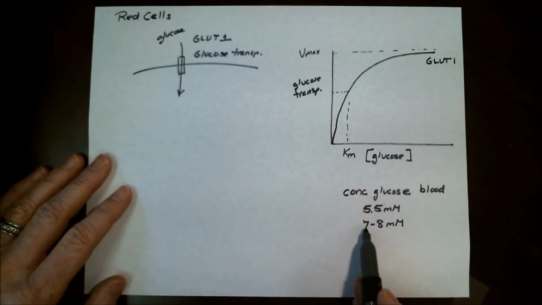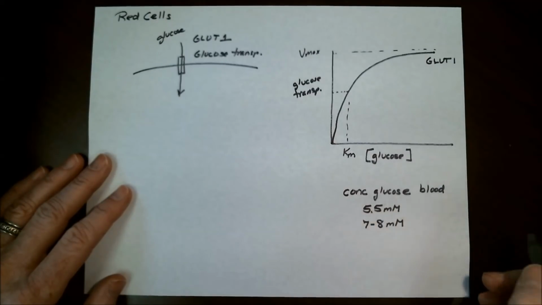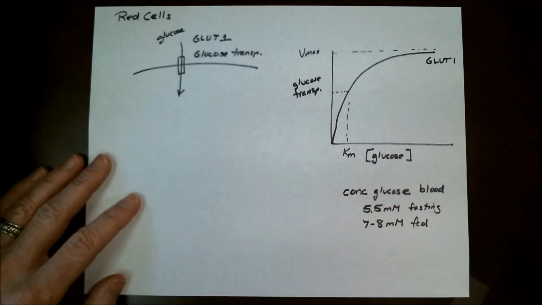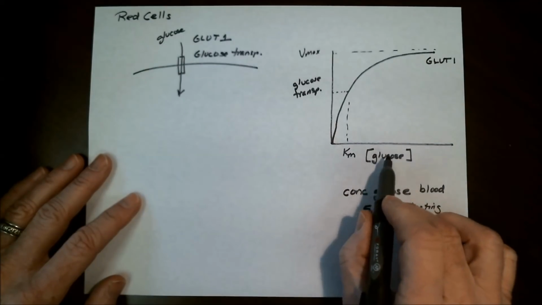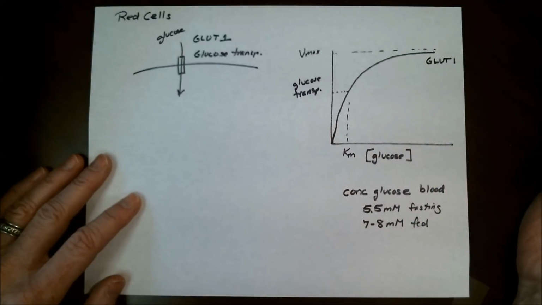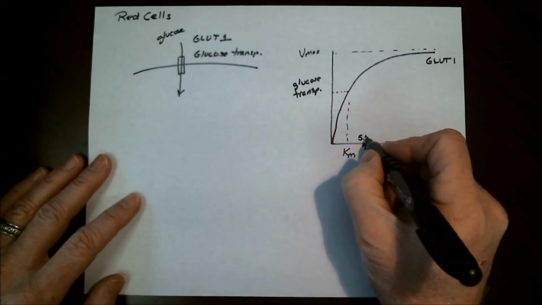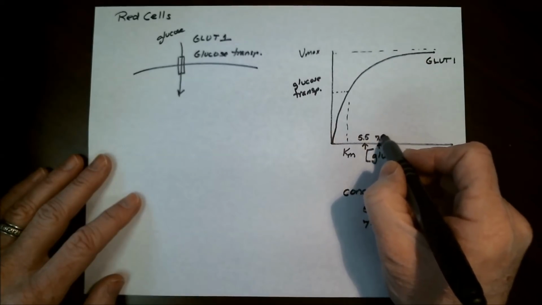So whether we are at a higher concentration of glucose in the blood or at physiologically normal fasting levels of glucose, the GLUT1 transporter needs to bring glucose into the red blood cell. So, where do these concentrations of glucose fall on the graph here? Well, we can consider this, for example, being 5.5 millimolar, and this being 7.5.